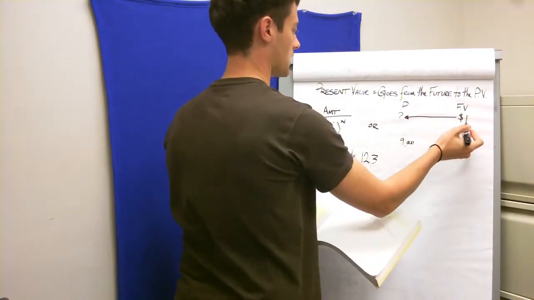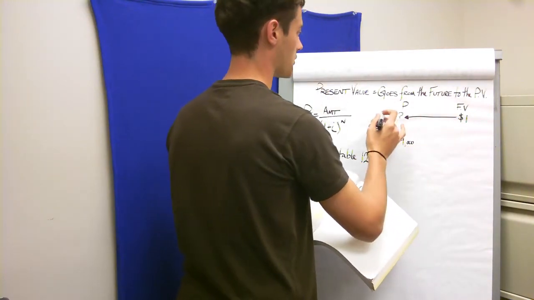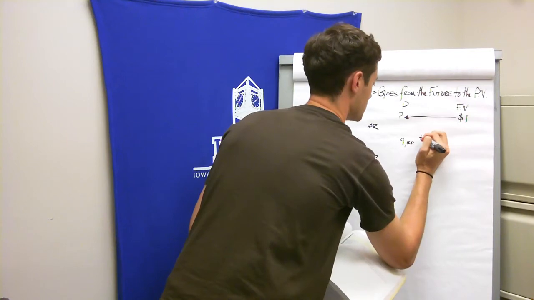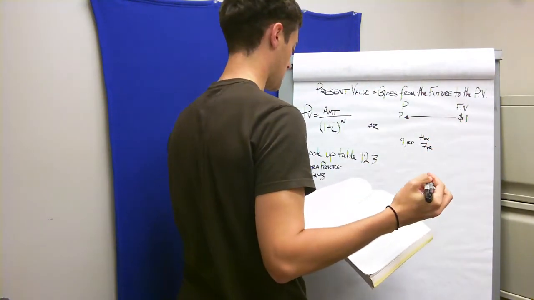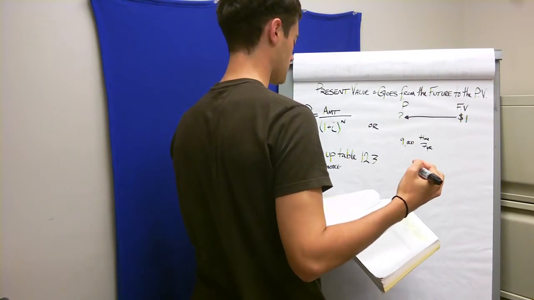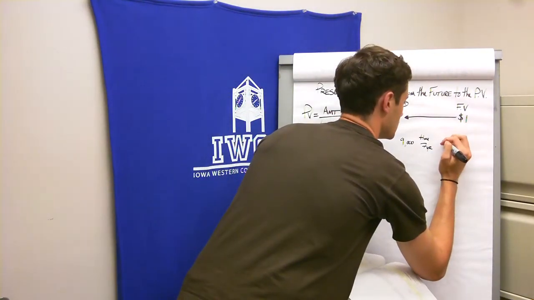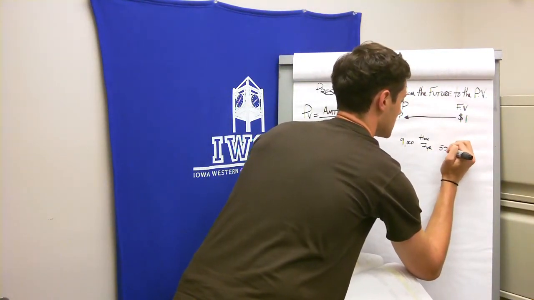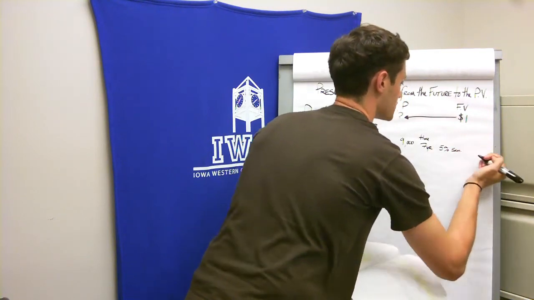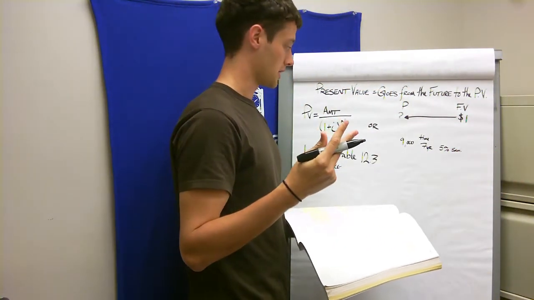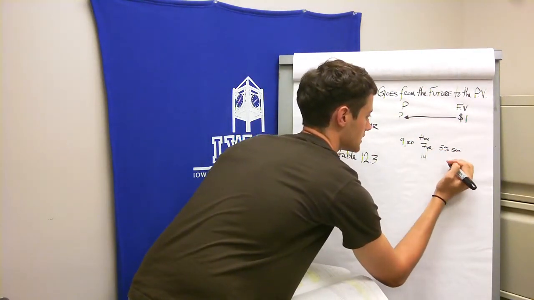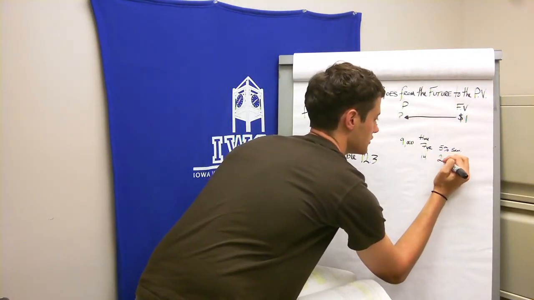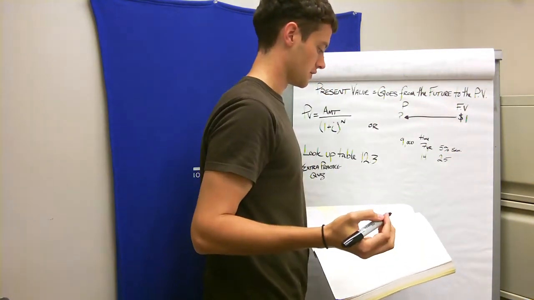So in the future I want $9,000. I'm going to wait 7 years, so my time is 7 years. And it says my rate is 5.5% semi-annual. So 5.5% semi, which means it's going to be divided by 2. So my period time is going to be 14 periods. My interest is going to be 2.75% because I divide by 2.